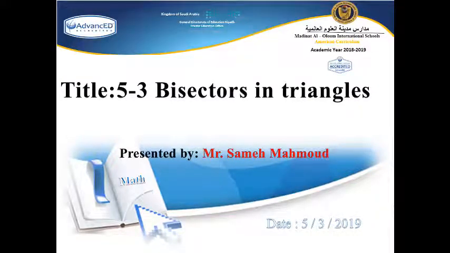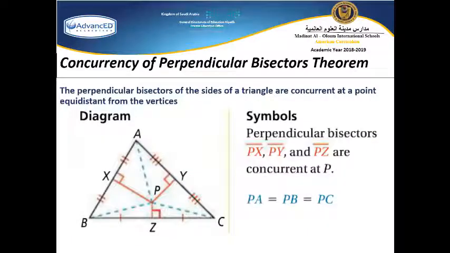The fourth lesson, 5.3, bisectors in triangles. We said here that XP, YP, and ZP are all perpendicular bisectors.